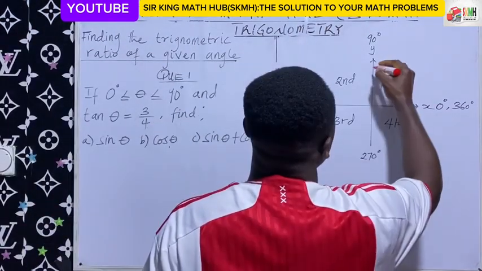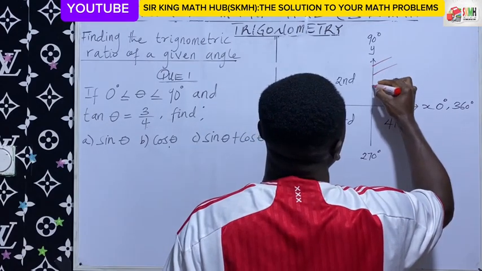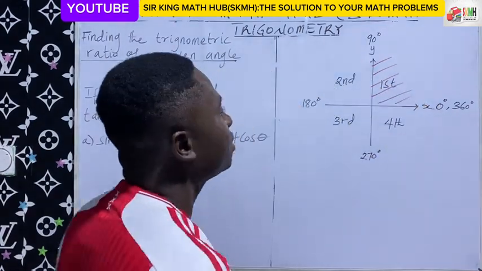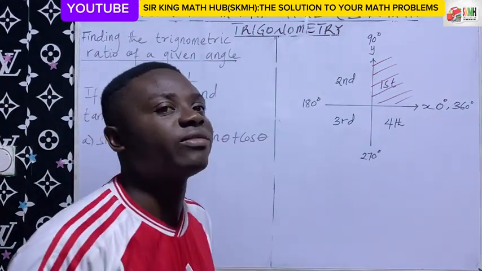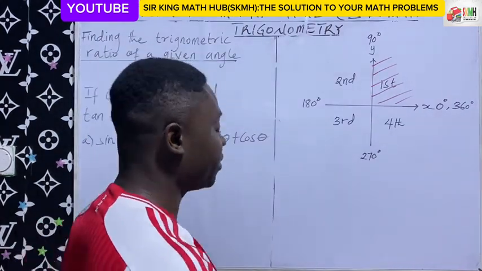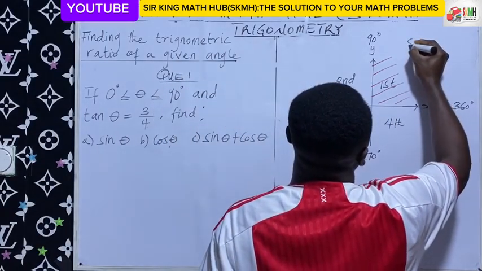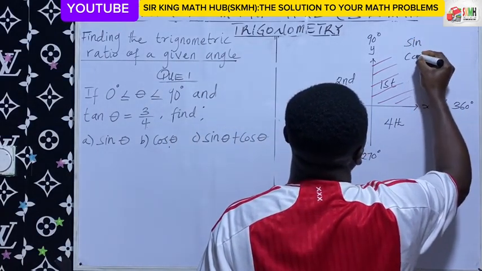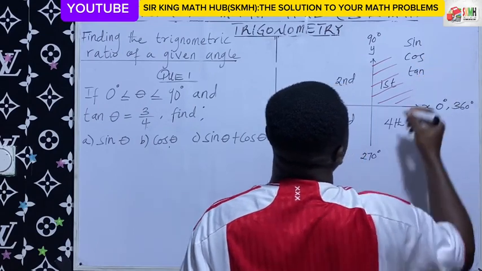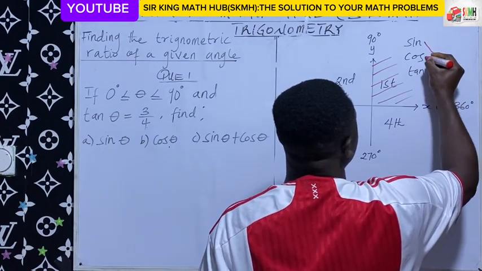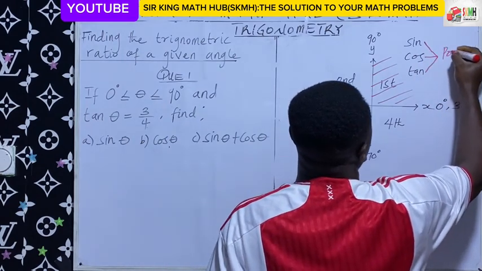So all angles within this region are said to be in the first quadrant. And there is something special about the first quadrant. That is, for the first quadrant, all the trig ratios, the sine, cos, and then the tangent, they are all positive.